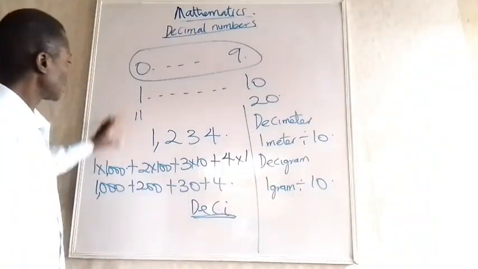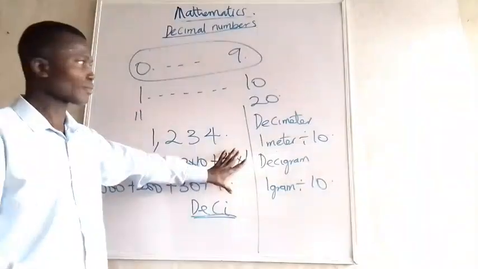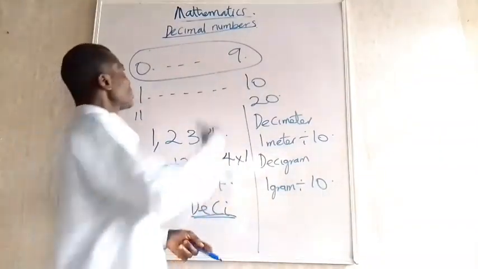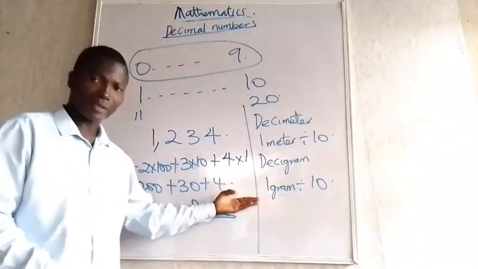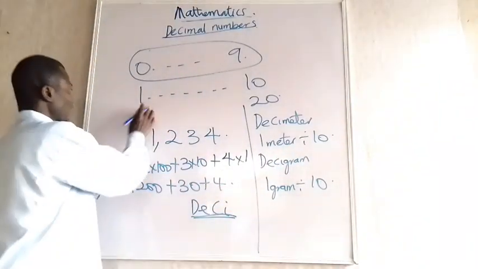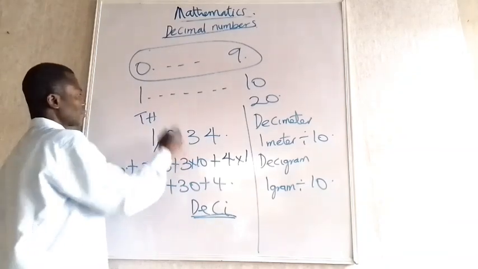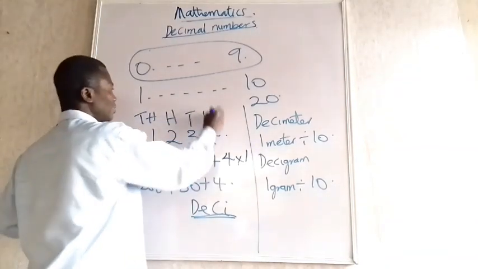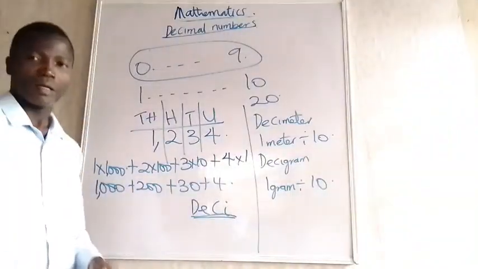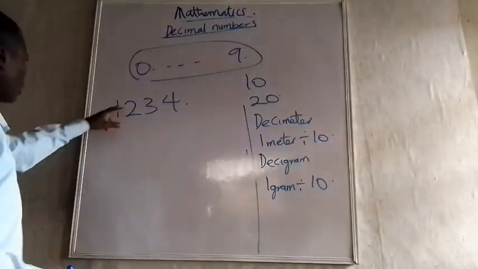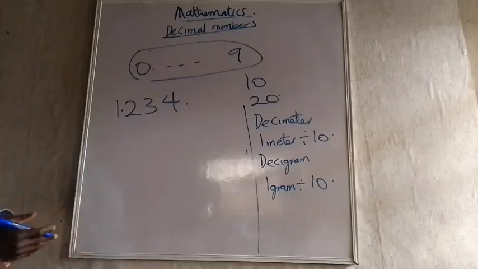So now I have told you about whole number. Which means that if it is in decimal numbers, it means it is being divided. Look at our real numbers now. 1,000, 100, tens, and units. You can see that now. Now look at this number. 1.234.